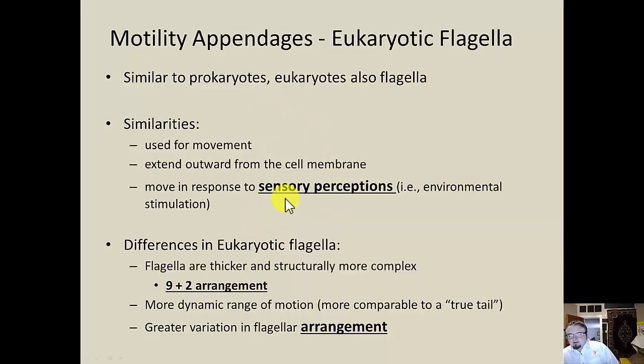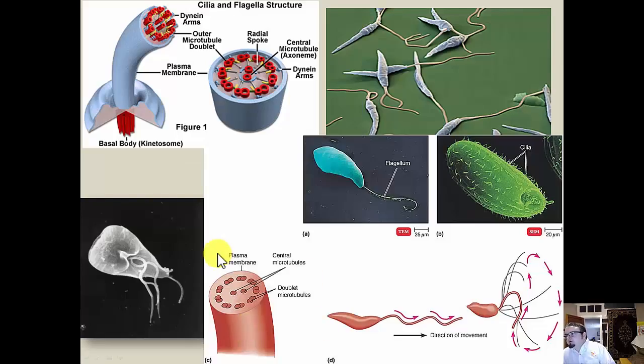The key difference here is that it's significantly more complex. The eukaryotic flagella is said to have what's called a 9+2 arrangement, which gives it a more dynamic range of motion and makes it act like a true tail. We talked about the prokaryotic flagella, and I mentioned that it's very, very simple. It really only moves in two directions.